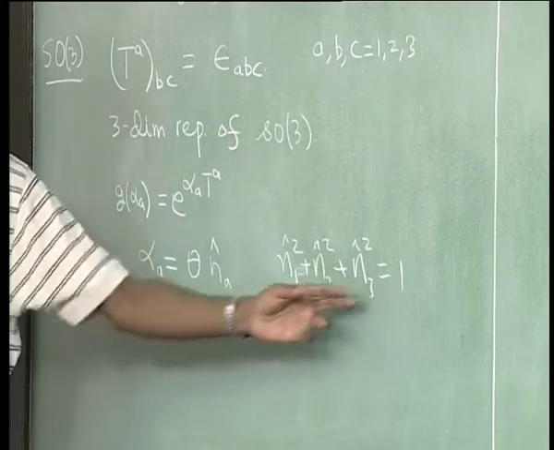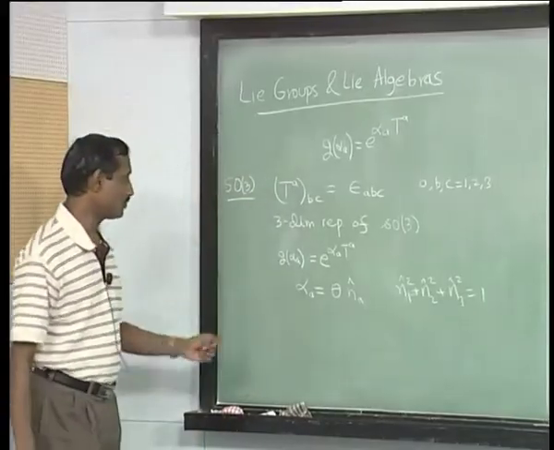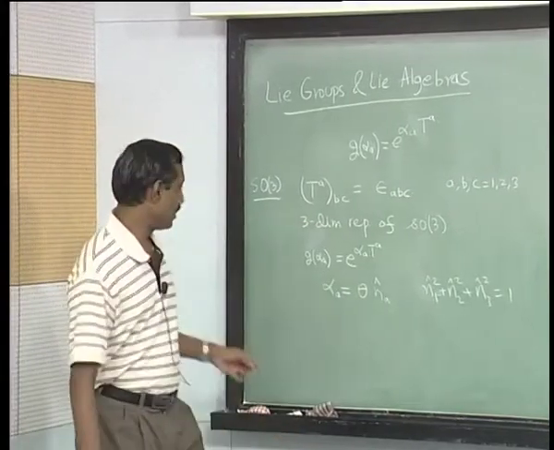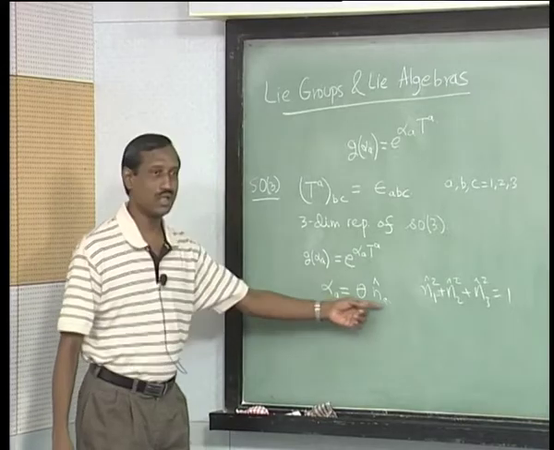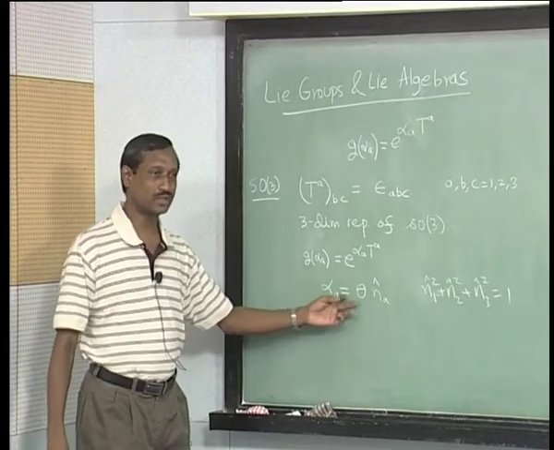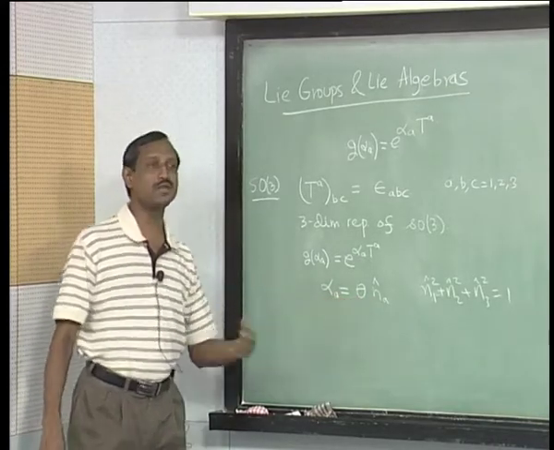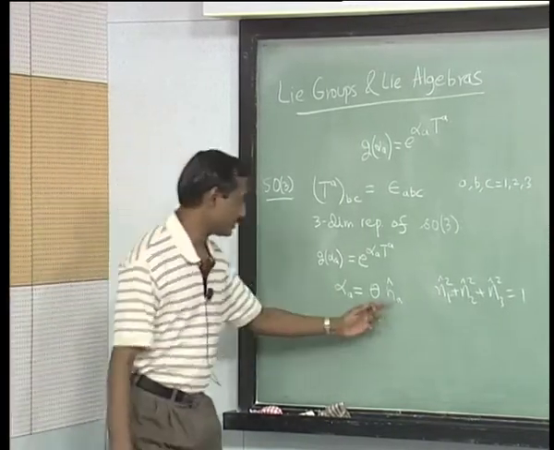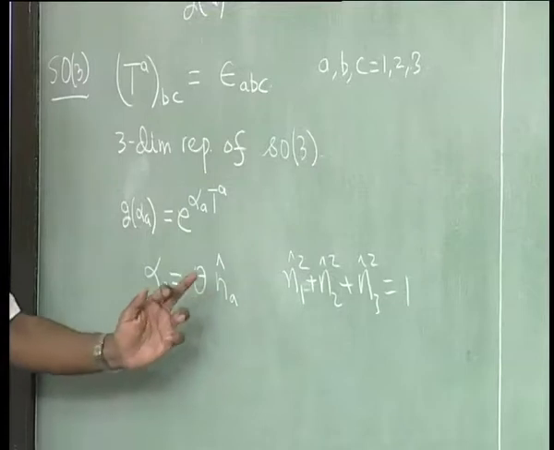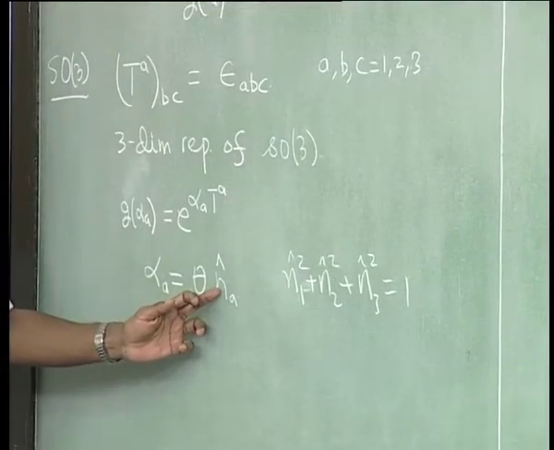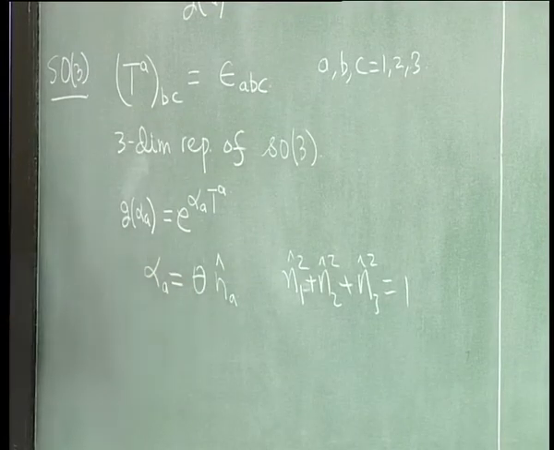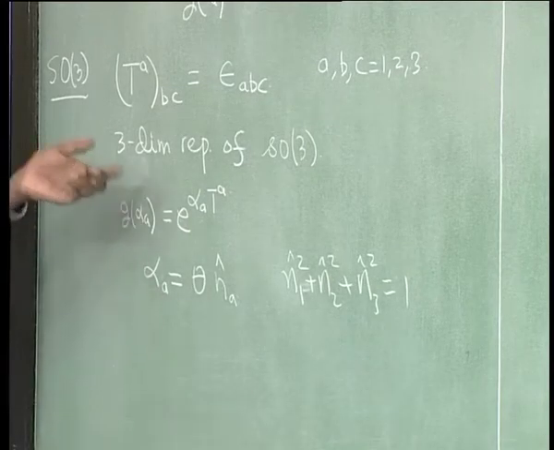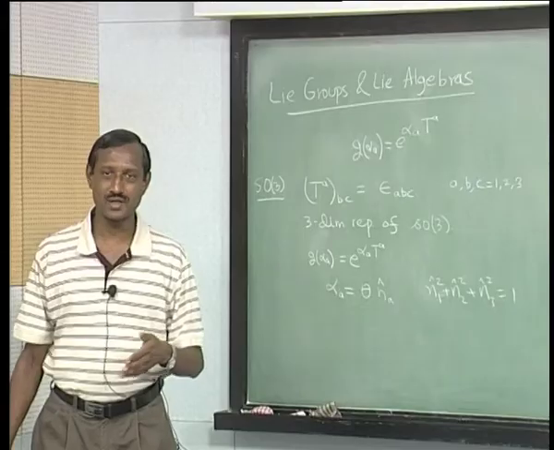Okay. So now we know that SO(3) is just rotations in real space, and you can see now I have written it in a particular form. We know that in 3 dimensions any rotation can be written as a rotation by some angle theta about some axis n_A. I believe I have given this expression in one of the assignments, and asked you to work it out.